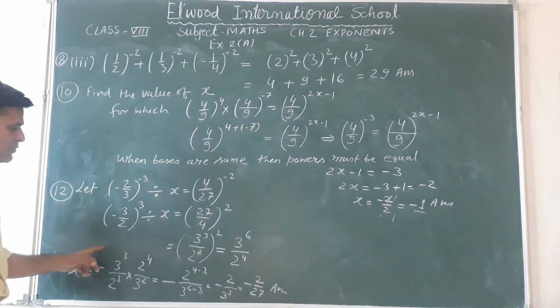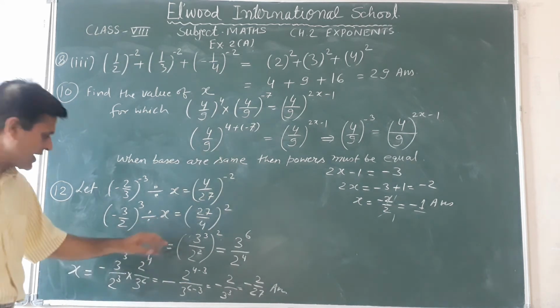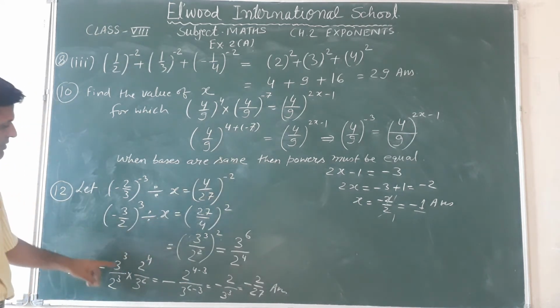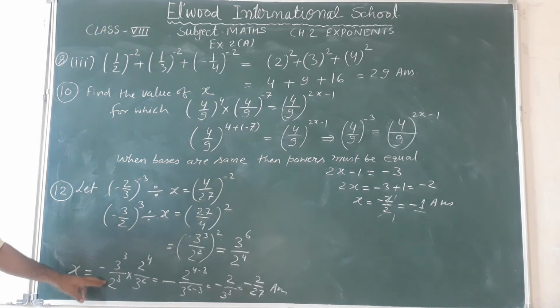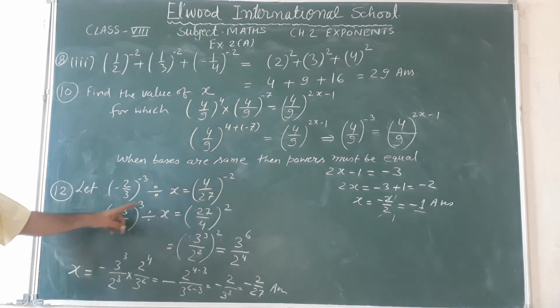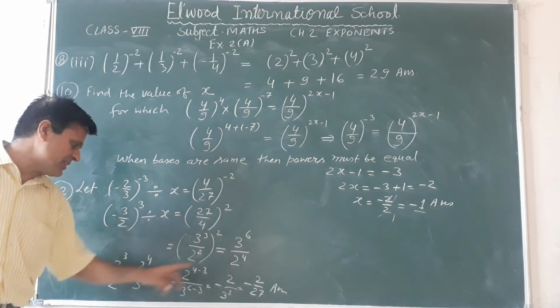Now for transposing, I will take x on the left hand side and this on the right hand side. I will solve 3 raised to power 3 with minus 3 times, so it will come out minus, and 2 to the power 3, and here it will become the reciprocal.